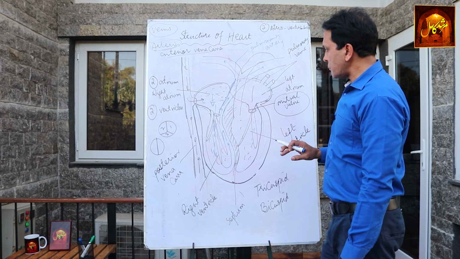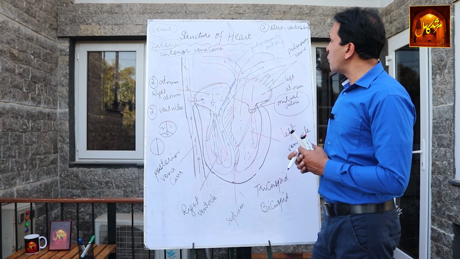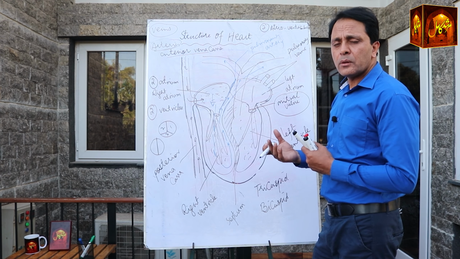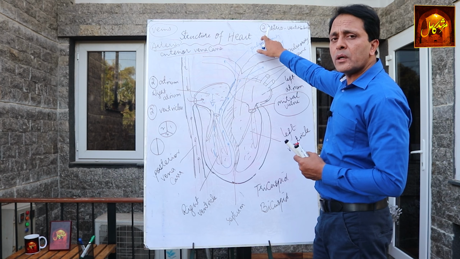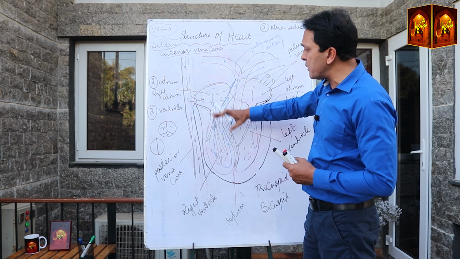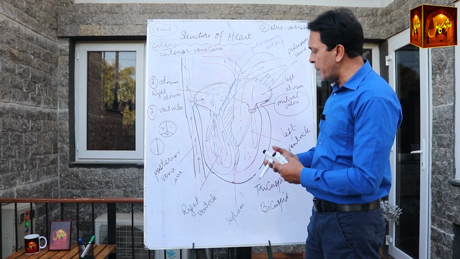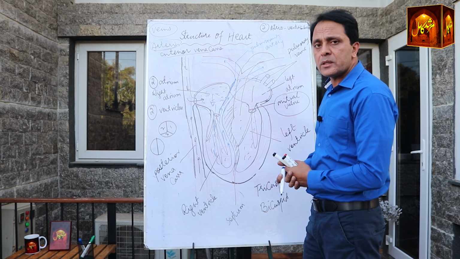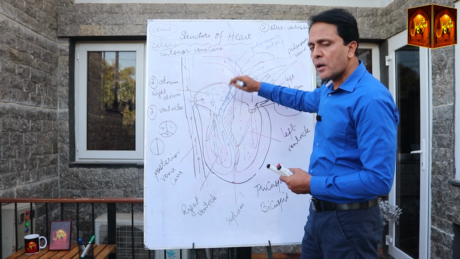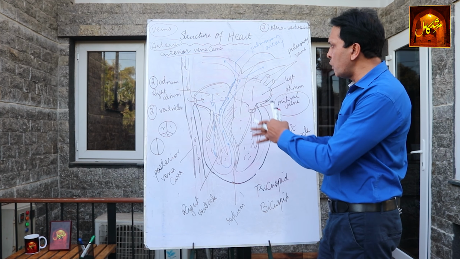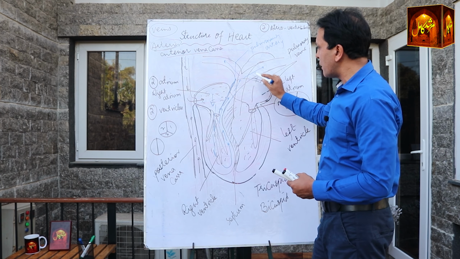Again, we have two more types of valves. Two are atrioventricular, when blood moves between atria and ventricles. This time, when blood is moving out of the ventricles, from the right it is moving towards your lungs, and when it moves towards your lungs, it will pass through the pulmonary artery.